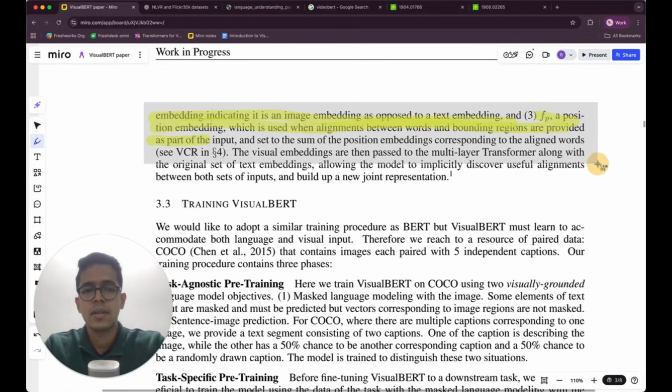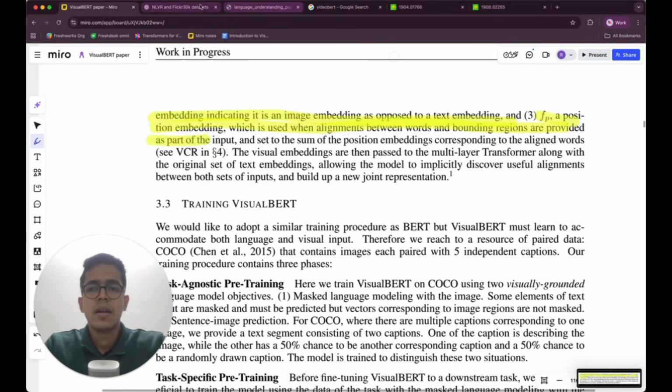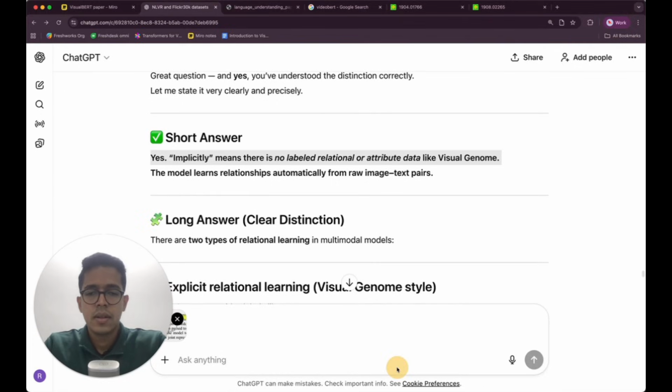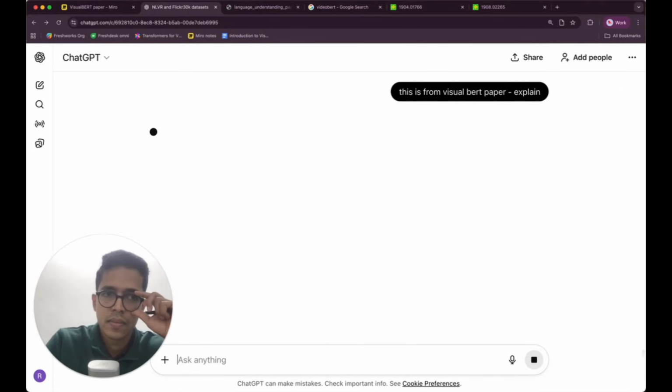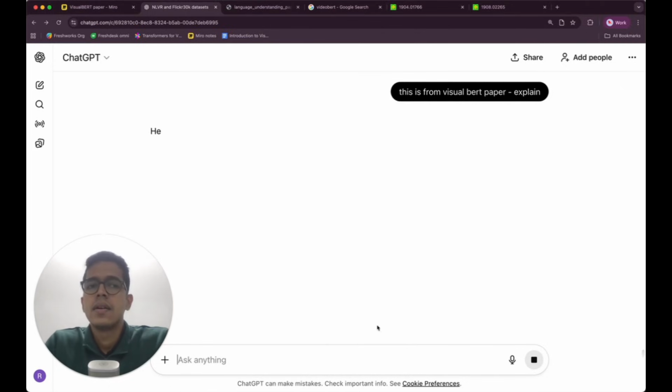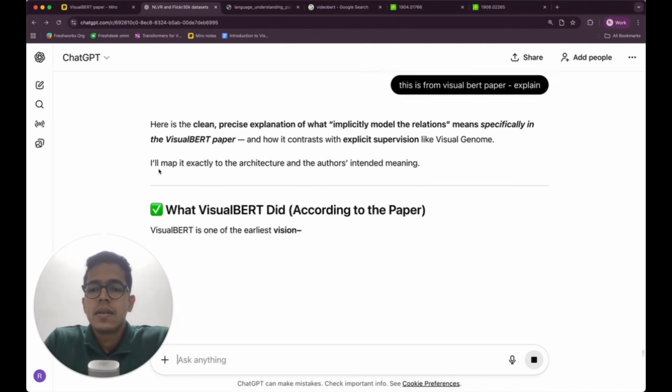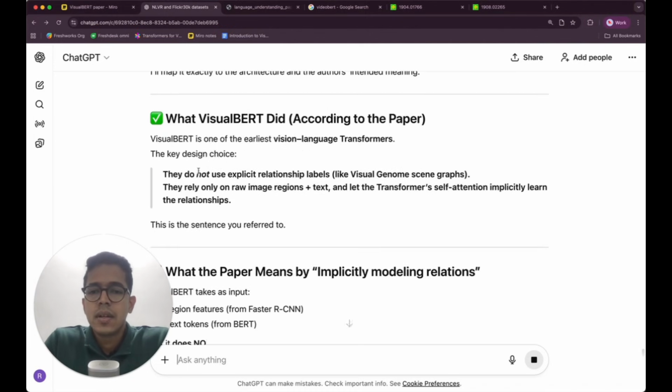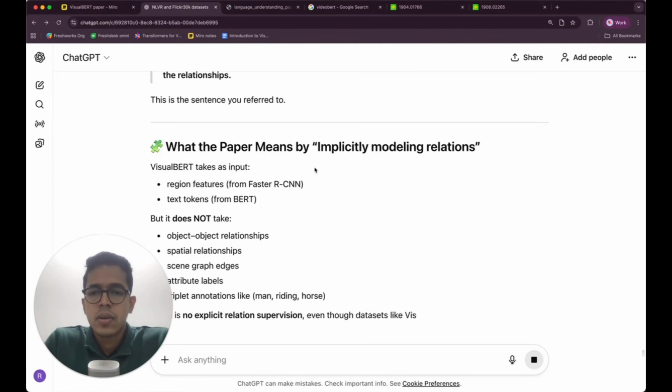Let me ask. This is from the VisualBERT paper. Explain. They do not, okay, this I know.